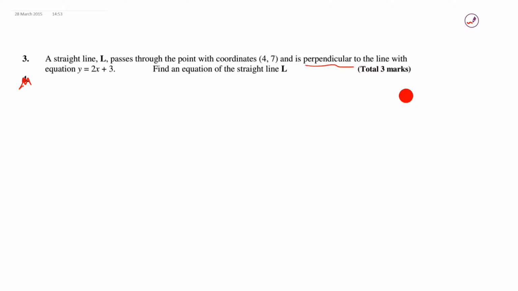So the gradient will be minus a half x. Yes. So then, what should I write? Plus C. We don't know it yet.